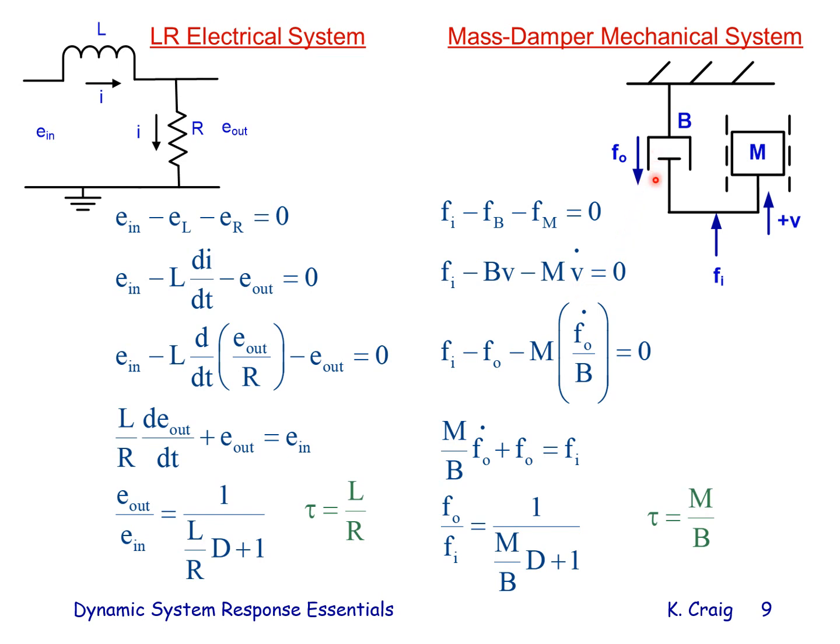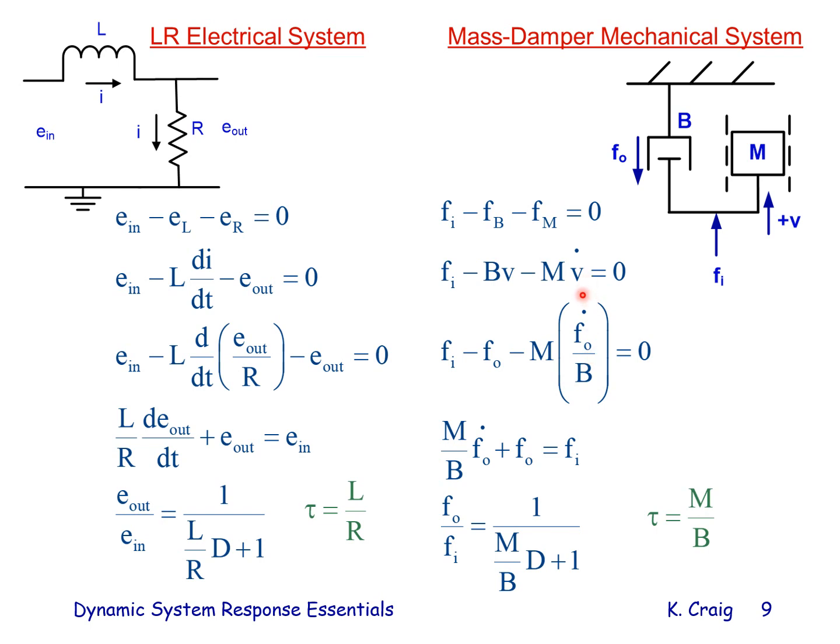The output force is the force of the damper, and the force of the damper is B times V. If I take the derivative of that, I get B times acceleration, or V dot.